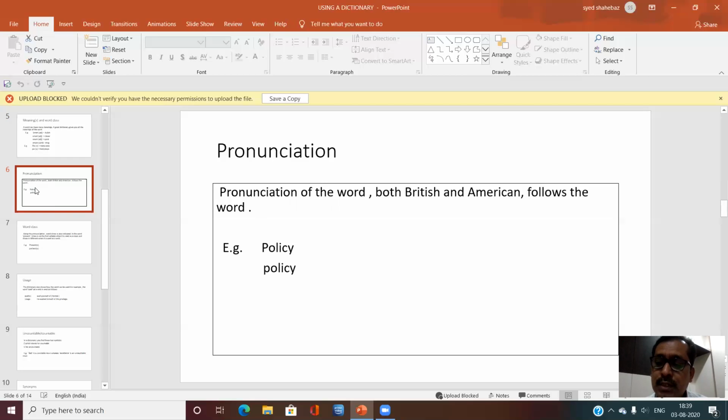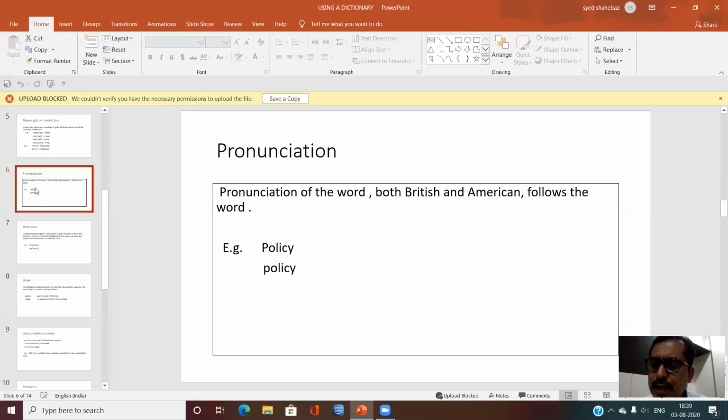These phonetic symbols are in three categories. One is vowel sounds. Second is consonant sounds. Third is diphthong sounds. Diphthong sounds have consonant as well as vowel sound combined together.